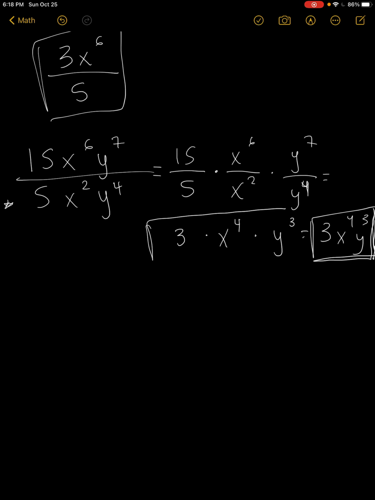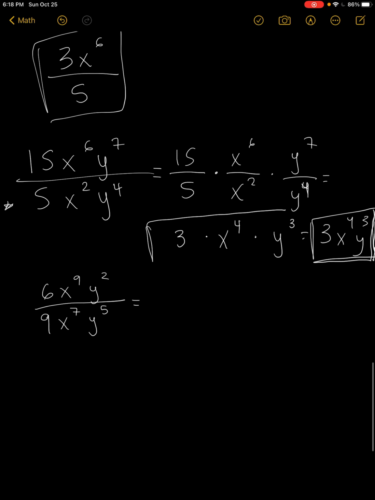Okay, hopefully that's not too bad. Okay, so now I'll do this one. I'll do it without writing out all the steps. So it's 6 and 9. We're gonna focus on simplifying that first because they have common factors. They both have a common factor of 3. If I divide 3 out of 6, I get 2.